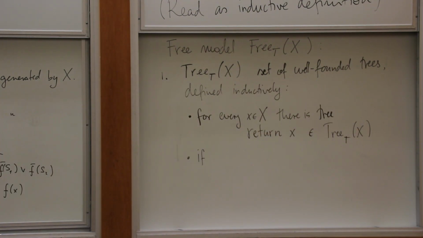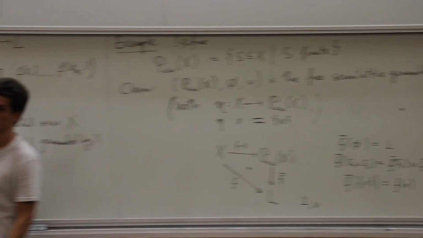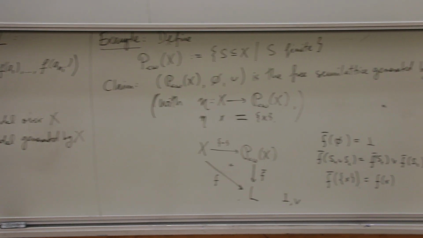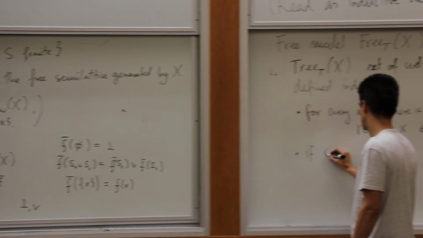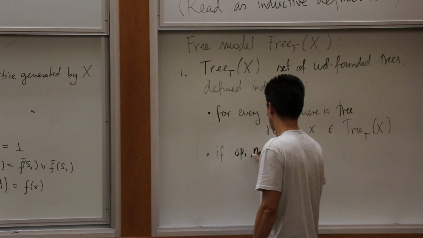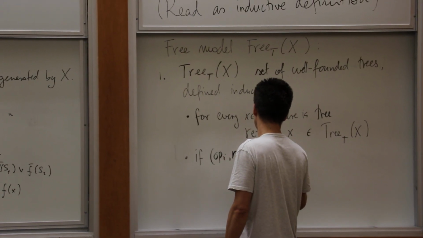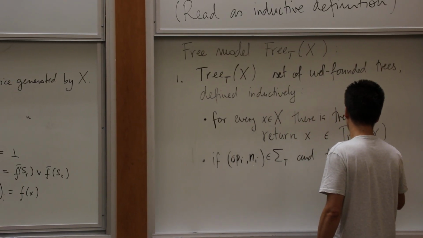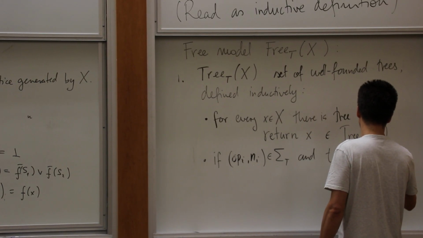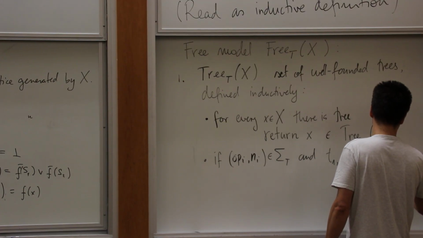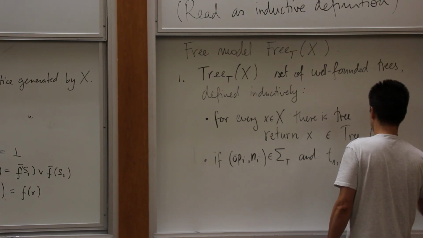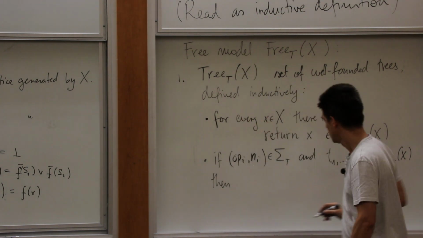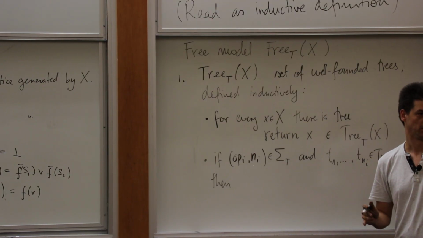Because I'm constructing a model, I need to give the interpretations of the operations. So there needs to be a way of building new trees using the operations. So if op_i is one of the operations, and I have trees t1 up to t_ni, then I have a tree, and now I need notation for the tree.